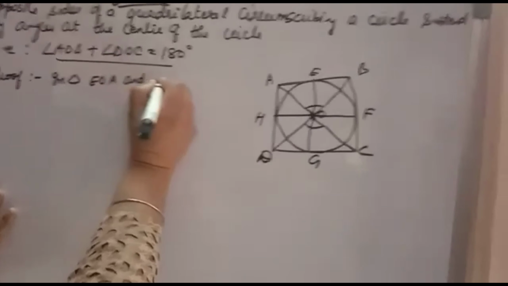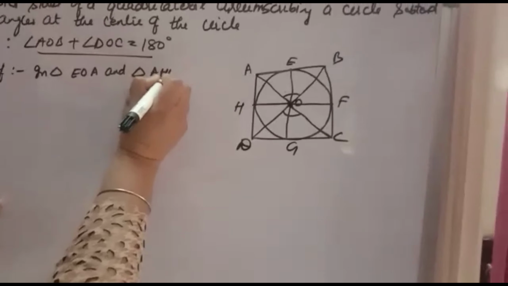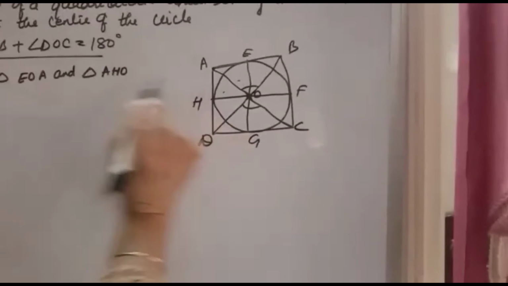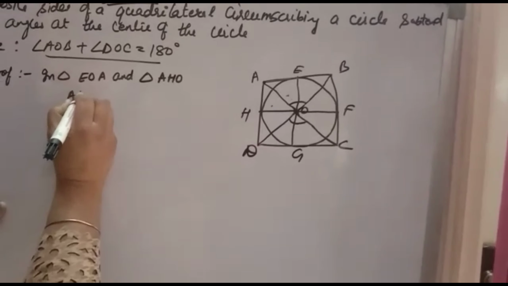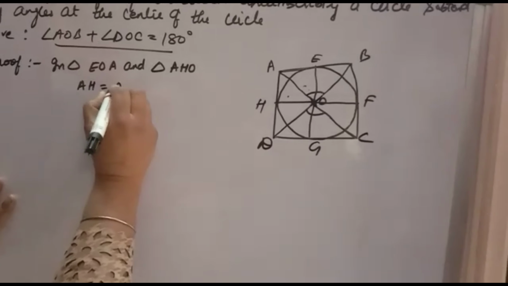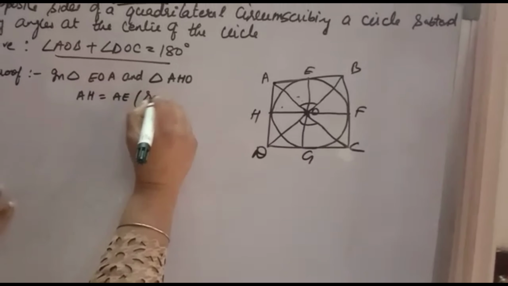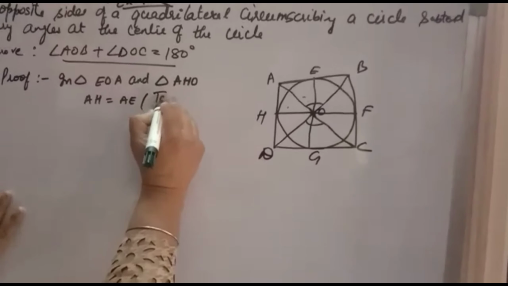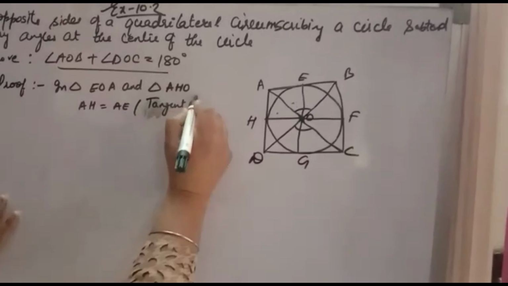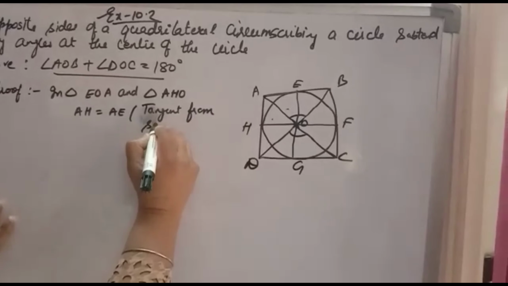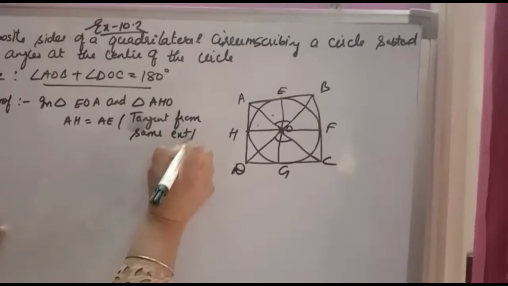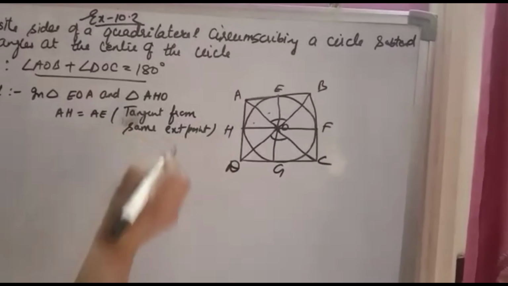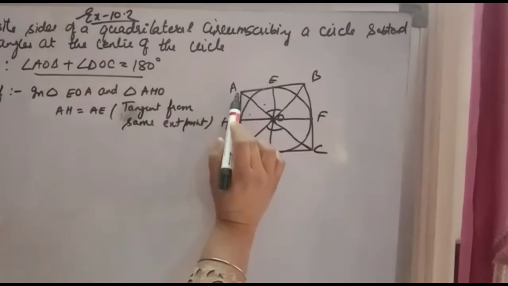and triangle AHO. In these two triangles, AH is equal to AE because they are tangents from the same exterior point. Therefore, they are equal. AH is equal to AE.